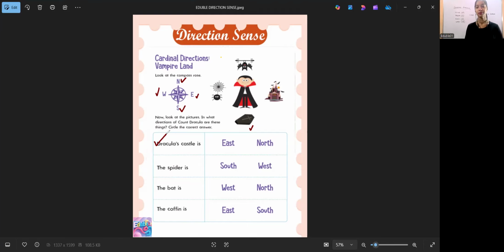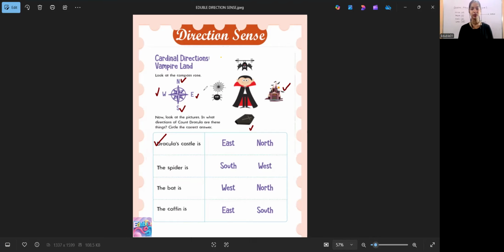Can you please tell me? We can have a little confusion in west and east, but that should not be because we are very clear with that as well. Dracula's castle is here, right? So what is the direction for Dracula's castle? Is it east or is it north?